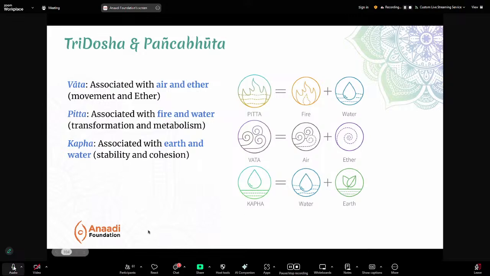Yes, diet plays a very important role. Because of the seasons also the doshas get affected. Temperature. Very good. Sleeping habits.